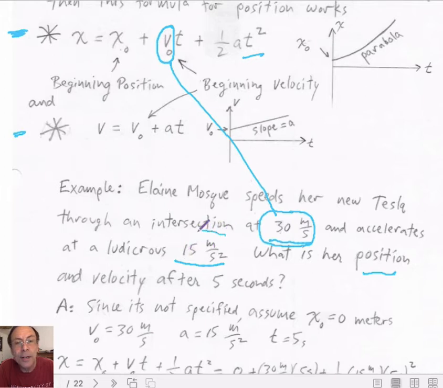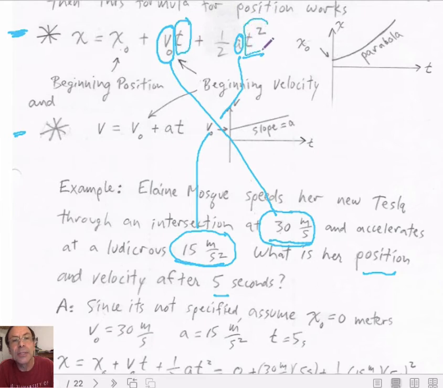Meters per second squared. Okay, so that's easy. That's going to match with the a, all right? So here we go. And 5 seconds, well, that's going to match with the t, right? Now, notice that t comes up twice in the formula, right? There's a t here, and there's a t which is squared here, right? So there, this is t.